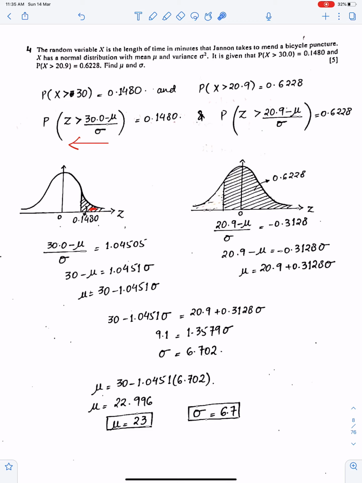Now form equation number 1. This is equation number 1. And this is equation number 2.